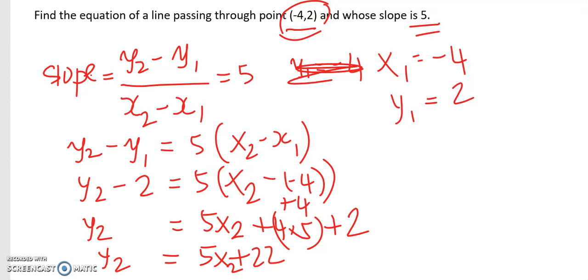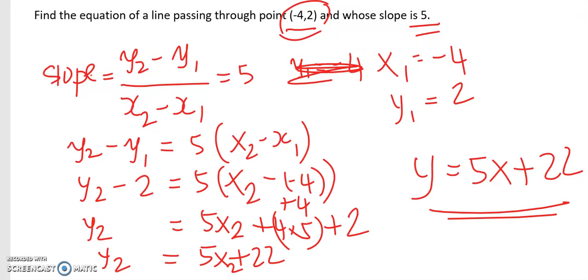So the equation of the straight line is going to be y equal to 5x plus 22. This is how you find the equation of a straight line passing through a point. Okay.